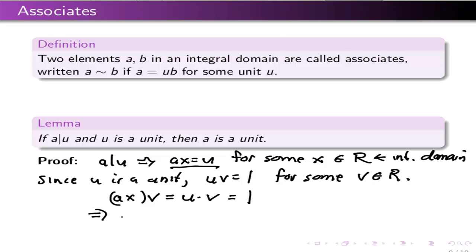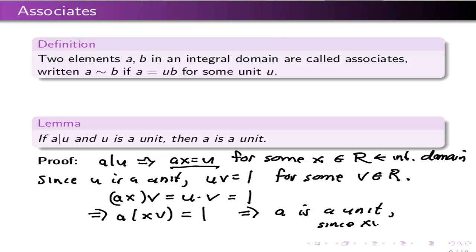And that tells me that A times XV equals 1, and thus we've got a multiplicative inverse of A. So A is a unit, since XV is an element of R. Okay, so any divisor of a unit is a unit.